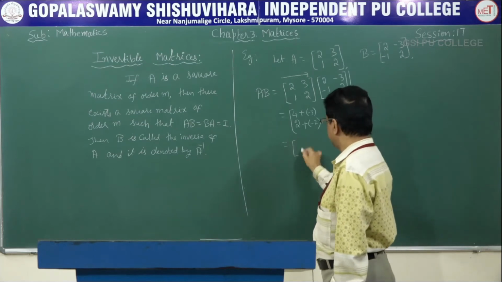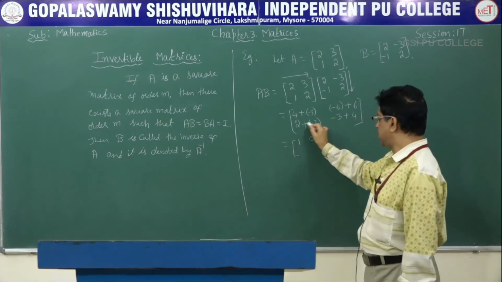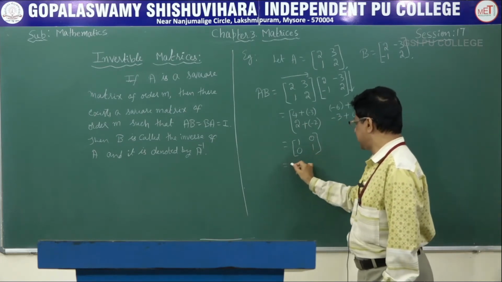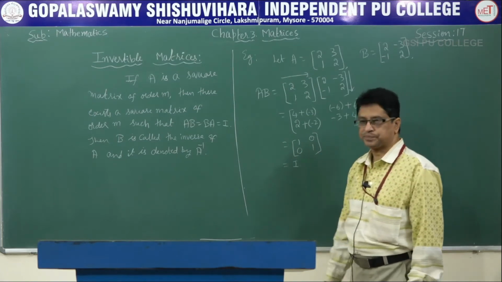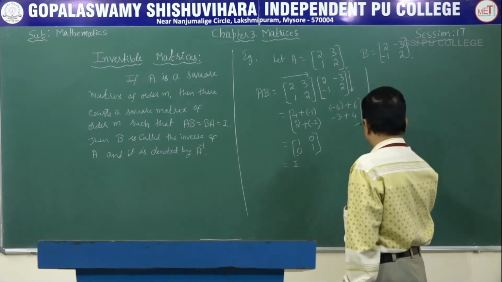So we get 4 minus 3, 1, minus 6 plus 6, 0, 2 plus minus 2, 0, minus 3 plus 4, 1. So which is equal to I. Similarly, we find BA.